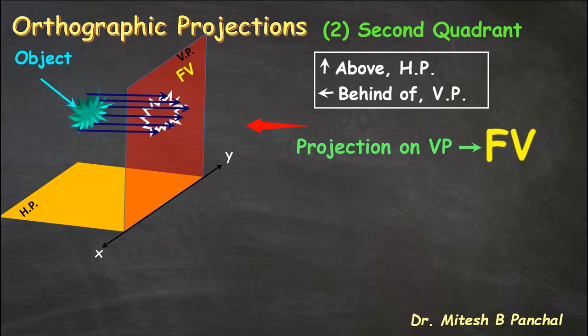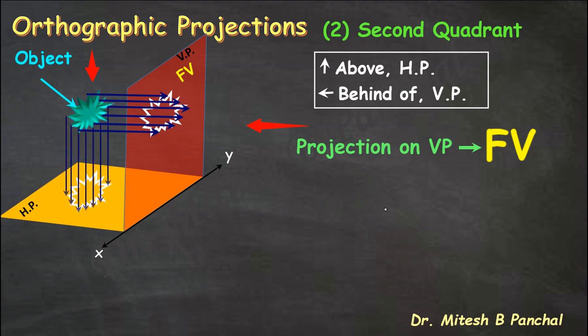Now for the top view, the viewing direction is this, from the top side, right? So you will get the projection of this object on HP. So here HP will become the plane of projection, right?